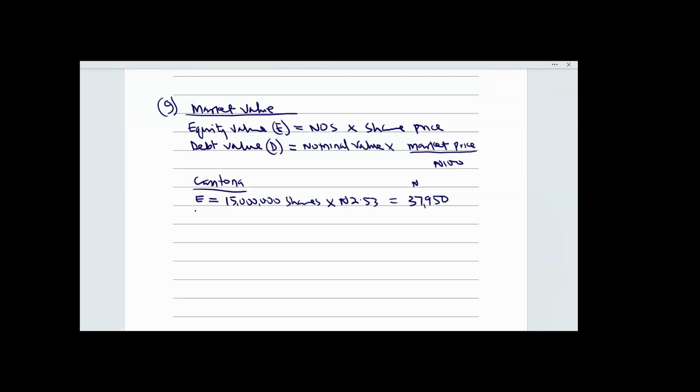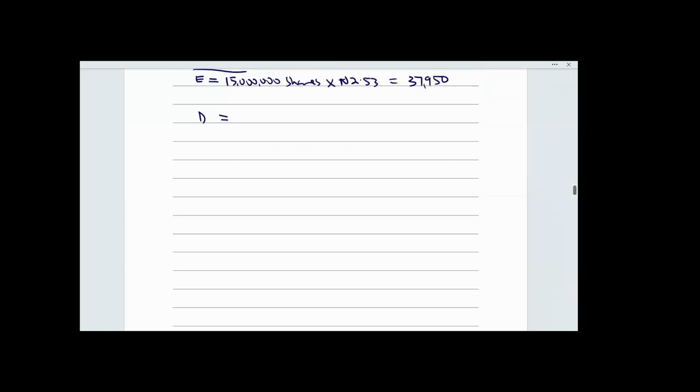Then the debt value of Cantona. Debt value is nominal value multiplied by market price divided by 100 naira. So according to the question, the nominal value of that bond is 40 million naira. And we are told that the market price is 94 naira 88 kobo per 100 naira.